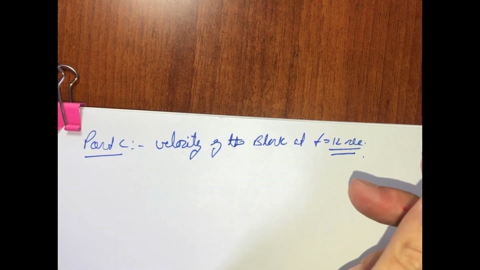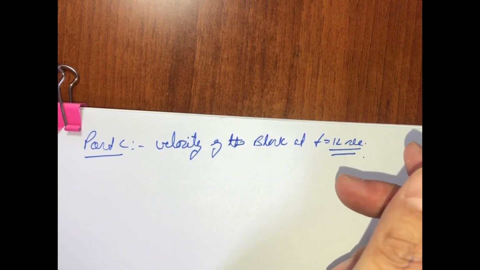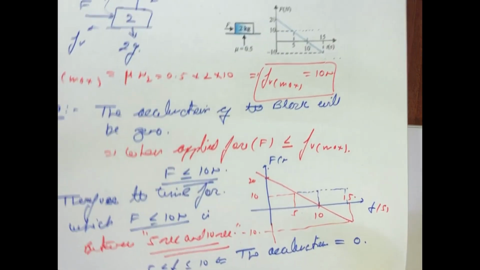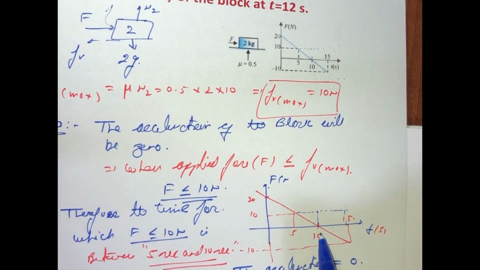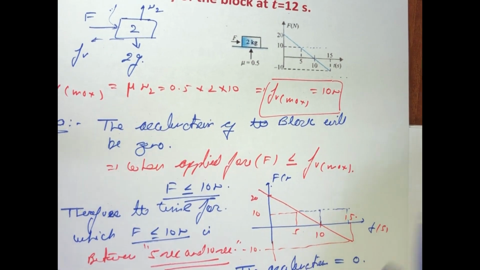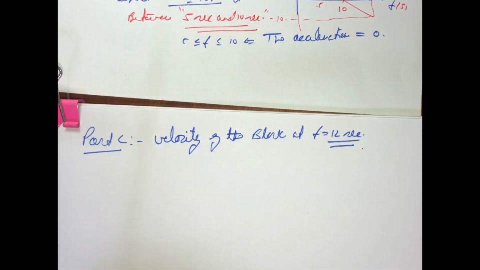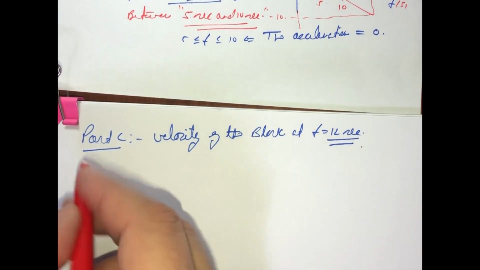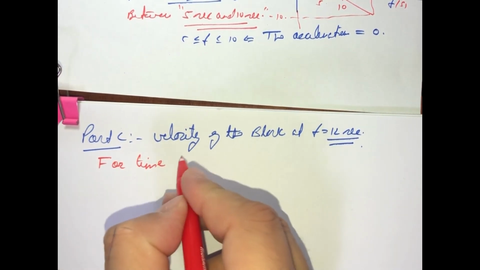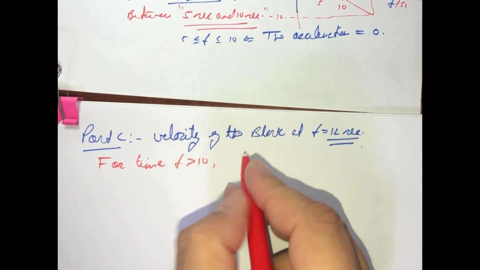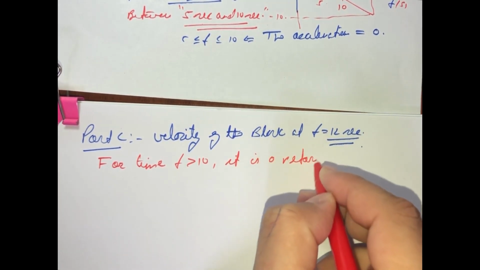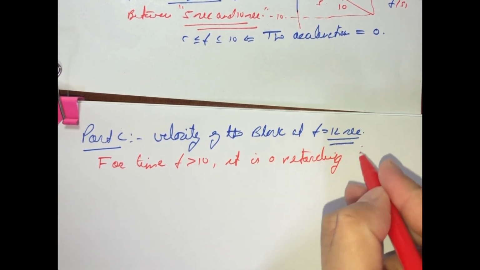Okay. From the graph, you can clearly see that for time t greater than 10 seconds, it's basically retarding motion because the force becomes negative.